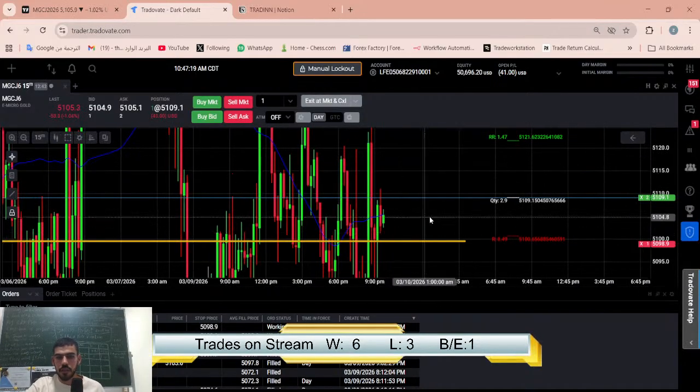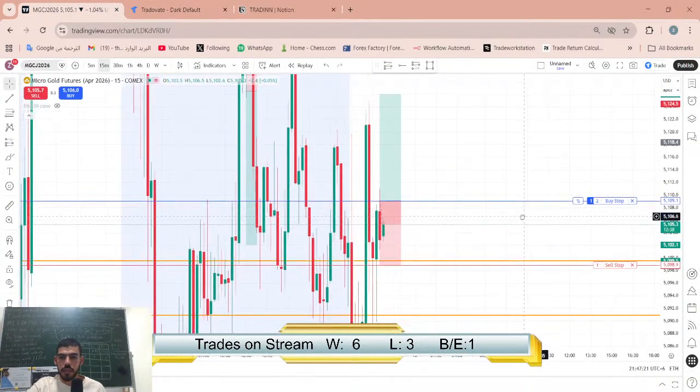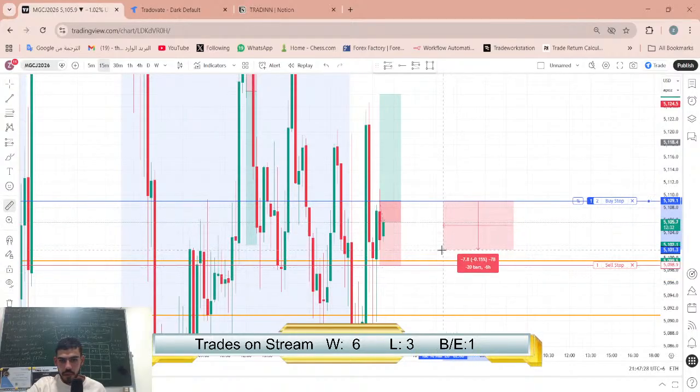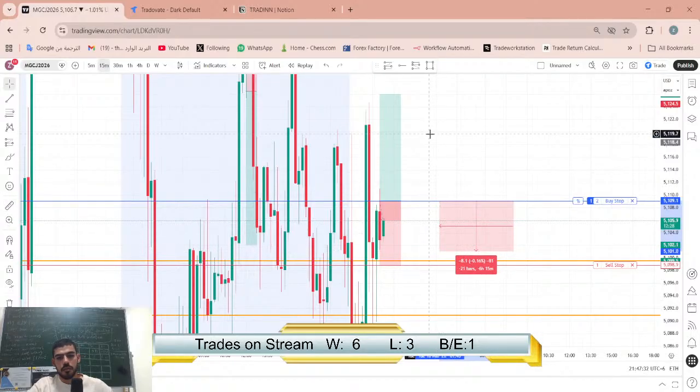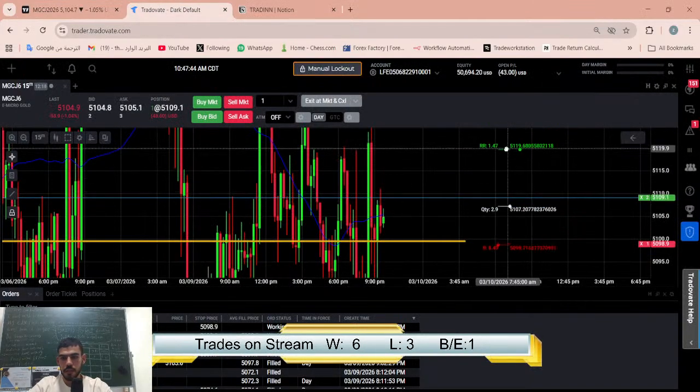I have one that's activated and 2 contracts waiting to be activated. So for 3, stop loss is here. Yep, I think it's not bad.